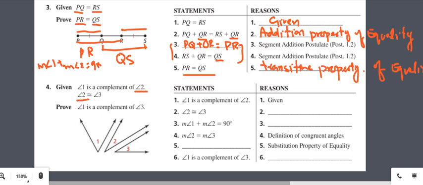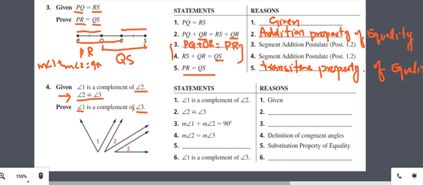Then we have to prove angle 2 is congruent to angle 3. This is also given. Then we have to prove angle 1 is a complement of angle 3. So we are given that 1 is a complement of 2, 2 is congruent to 3, so 1 would be the complement of 3. How will we prove that?